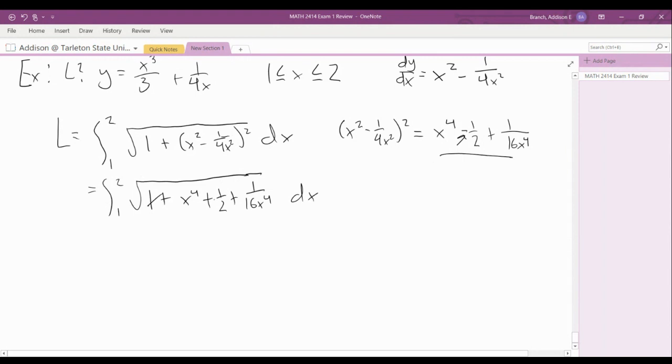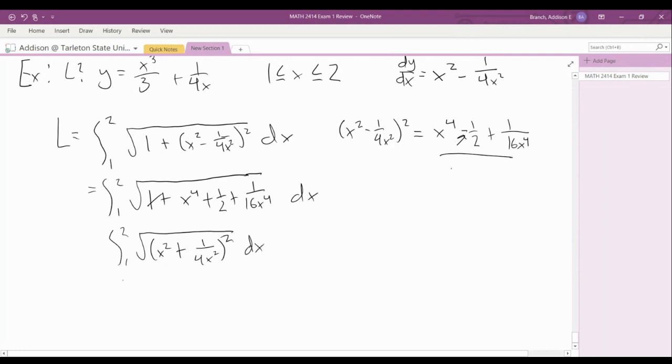So we can recombine this to get x squared plus 1 over 4x squared, because if we FOILed it out, it would be the same thing we got up here, except the negative would turn into a positive. And that's all squared.